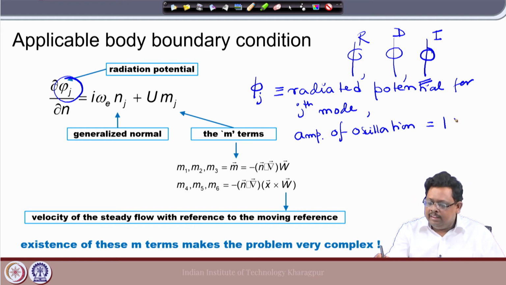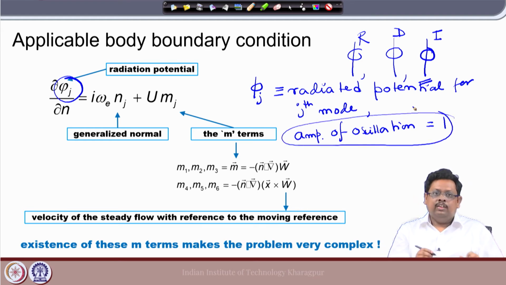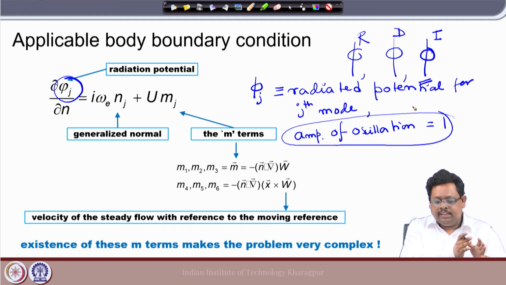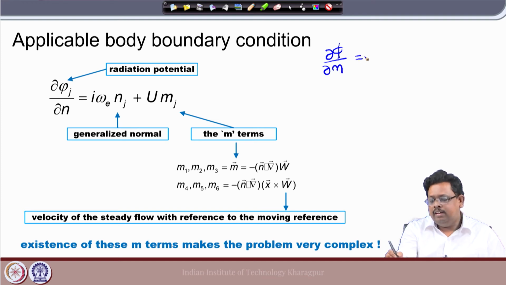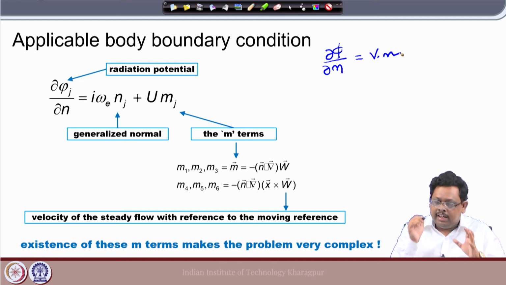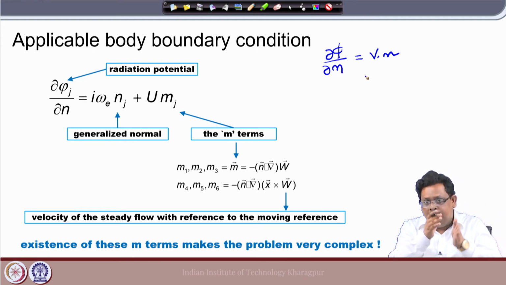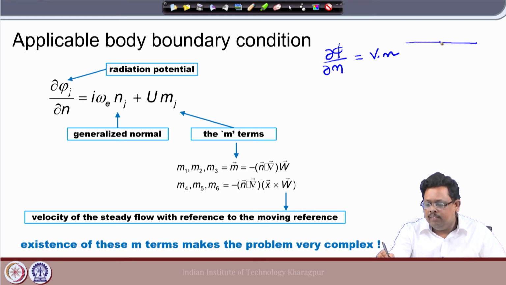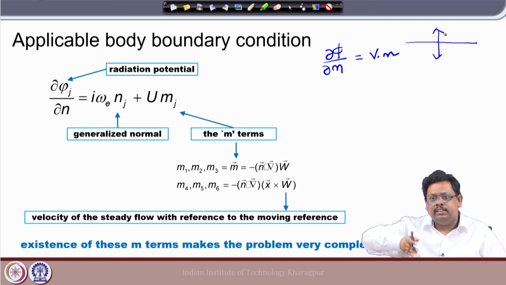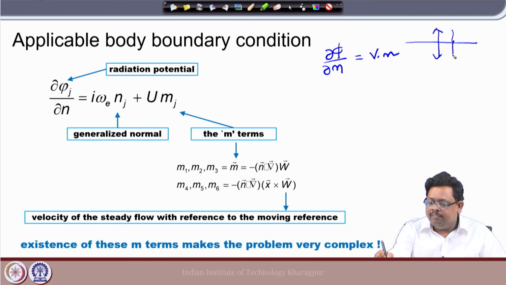Once we do this, my radiation boundary condition is del phi del n equal to V dot n, right. Now, I assume the amplitude of the oscillatory motion of the body. This is how we do the radiation force, right. I have still water and then I oscillate the body with some amplitude, which I call 1, right.